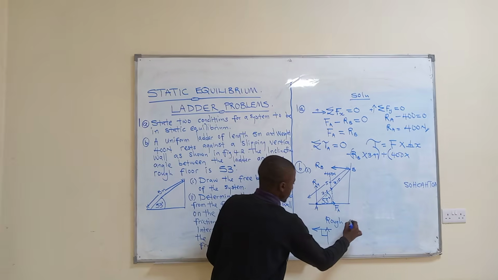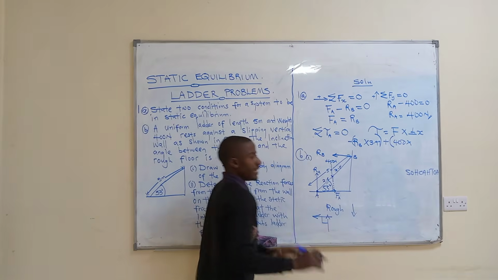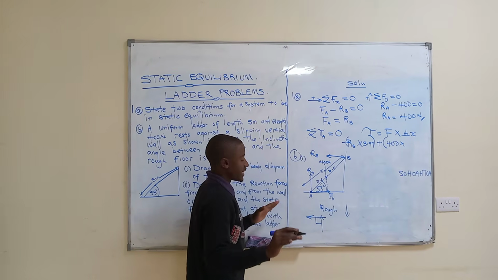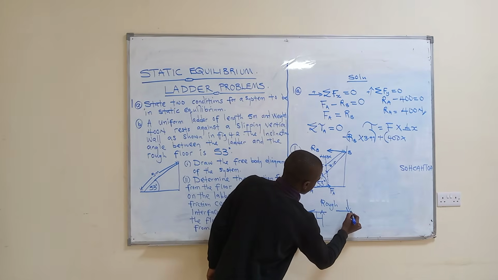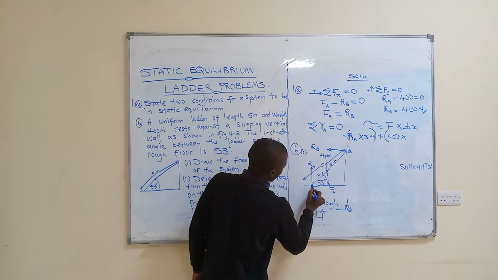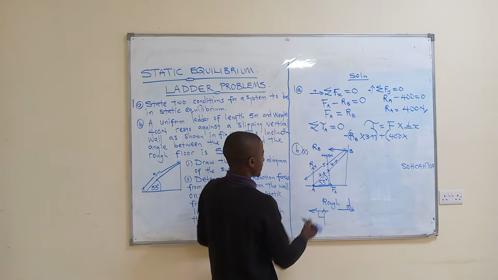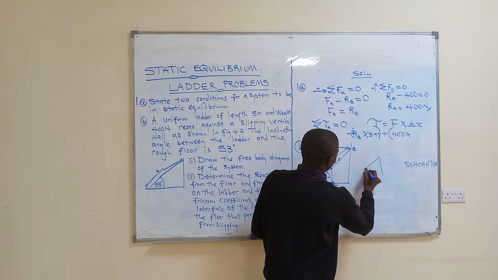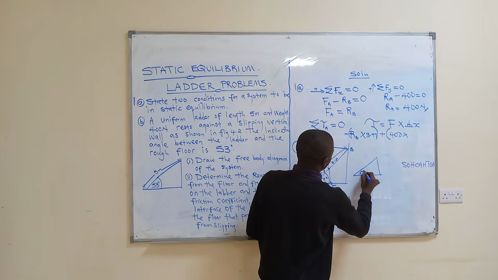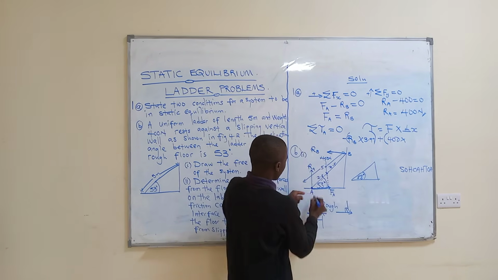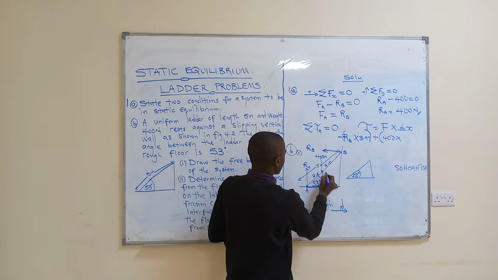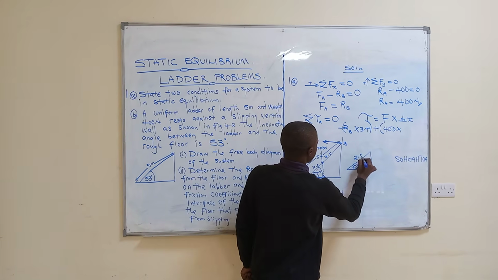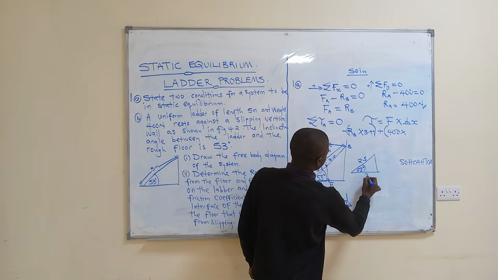If this force is going downward, the only distance that can make it perpendicular is the horizontal distance. So I'm looking for this distance. I have to extract a small triangle. That is a triangle with 53 degrees. From that point to the weight force, I'm having 2.5, and then that is x.